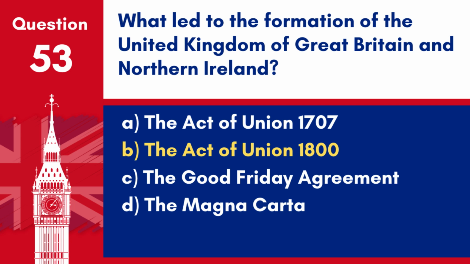The Acts of Union 1800, coming into effect in 1801, united the Kingdom of Great Britain with the Kingdom of Ireland to form the United Kingdom of Great Britain and Ireland, which later became the United Kingdom of Great Britain and Northern Ireland following the partition of Ireland in 1922.